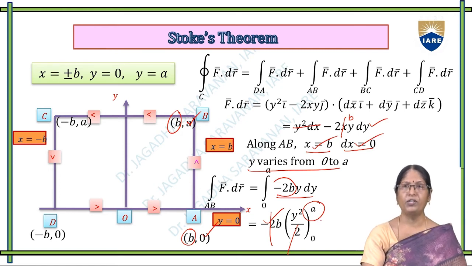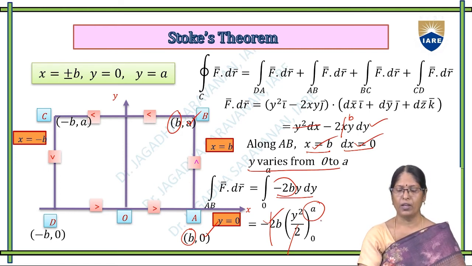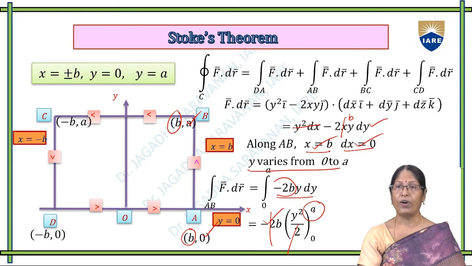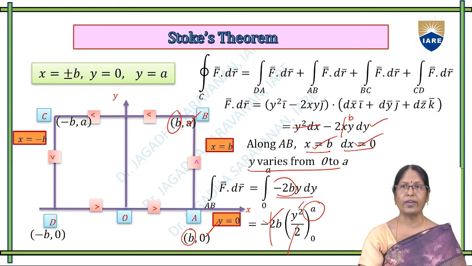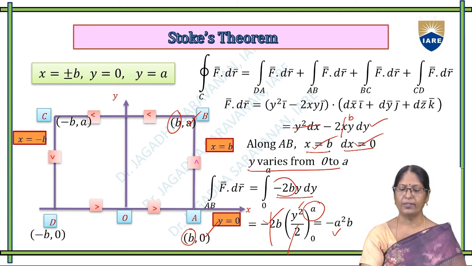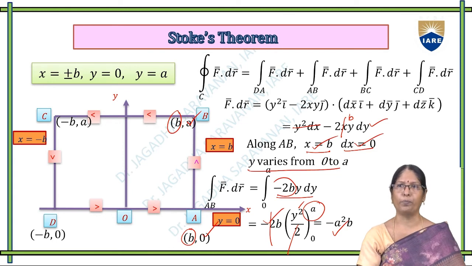So upper limit minus lower limit. The lower limit anyway is 0, we will neglect it. Then y takes the value of the upper limit a, and the square is already there, a square. So the 2 gets cancelled, so minus a square b.